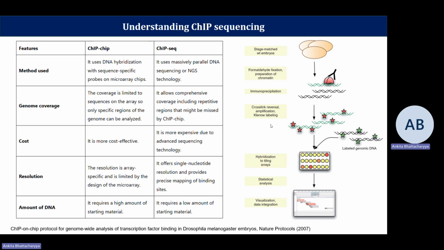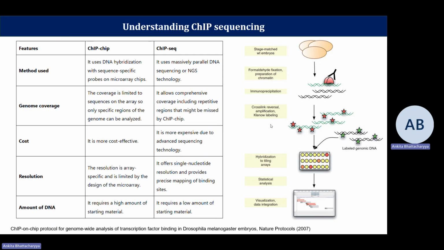In case of chip-on-chip, very limited coverage is available on the array because only very discrete specific regions of the genome can be analyzed. ChIP-seq allows for comprehensive coverage, including repetitive regions that might be missed by chip-on-chip.